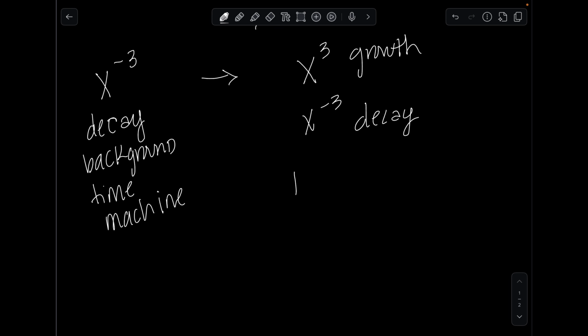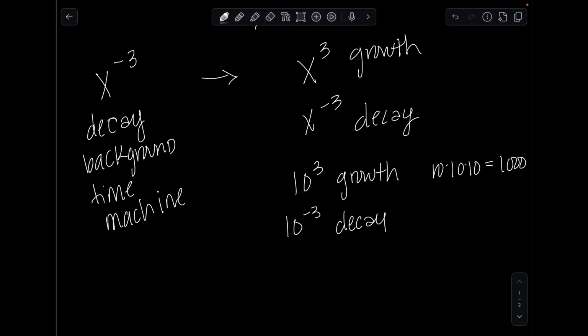So let's say 10 to the 3rd power is the growth. What is 10 to the 3rd power? That's 10 times 10 times 10, right? 1,000. What is 10 to the negative 3rd power? Are you growing? No. Reverse. You're decaying. So it's not negative 10.